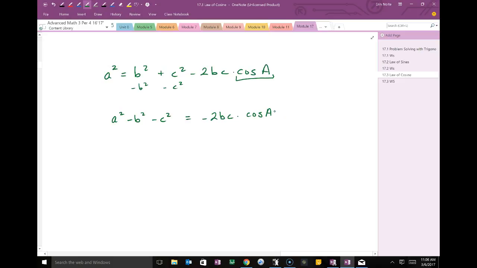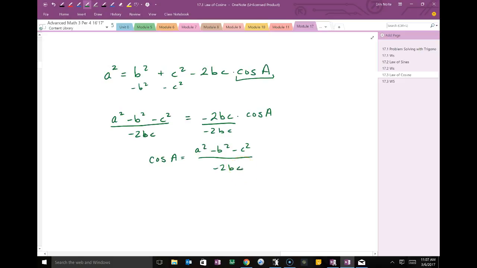Okay, how would you then get rid of the negative 2bc? You would divide by negative 2bc. Oh gosh, no, there's a big fat minus sign. So the cosine of A is going to equal a squared minus b squared minus c squared over negative 2bc.